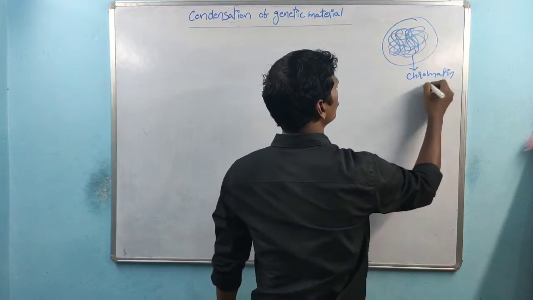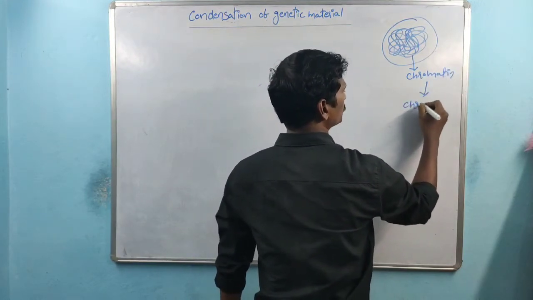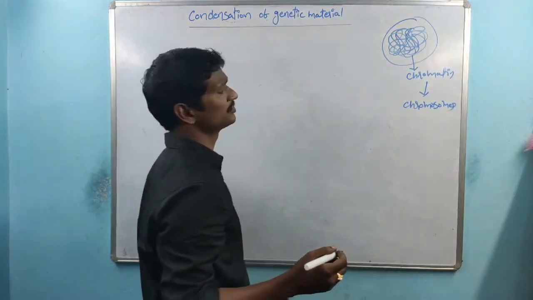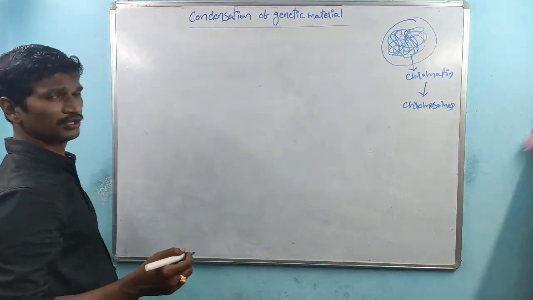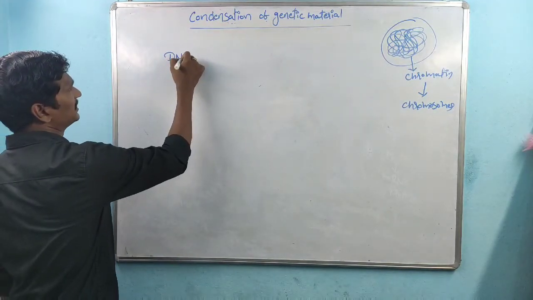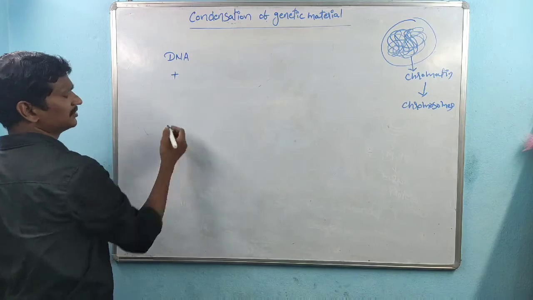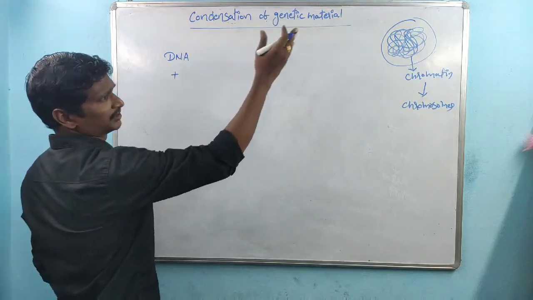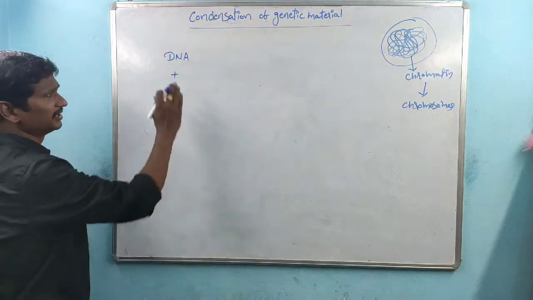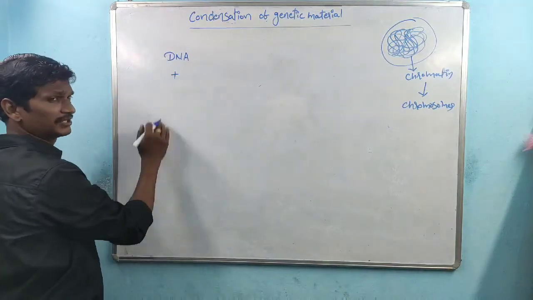How does the chromatin form the chromosomes? That is the exact concept. The DNA content in a cell in the decondensed state is called chromatin, right? The free DNA.